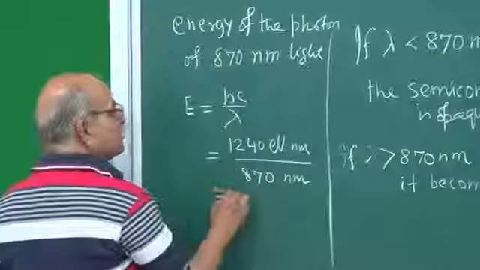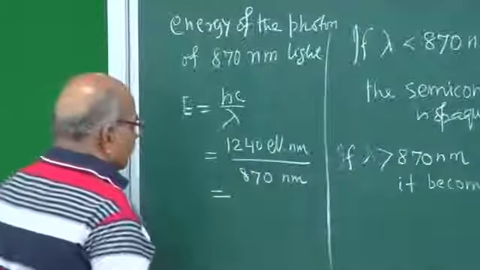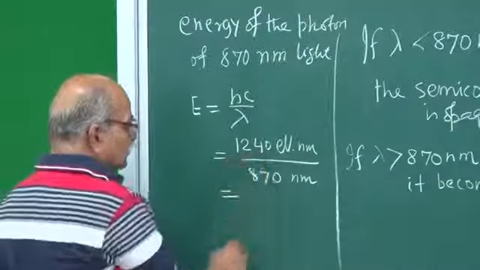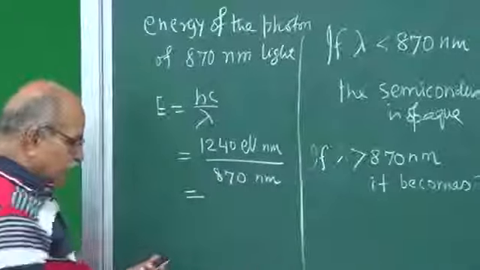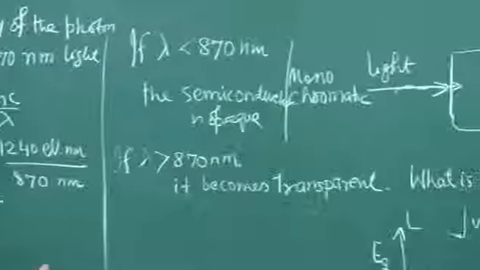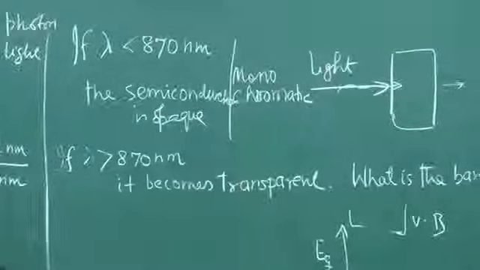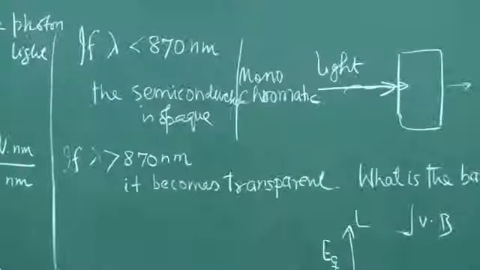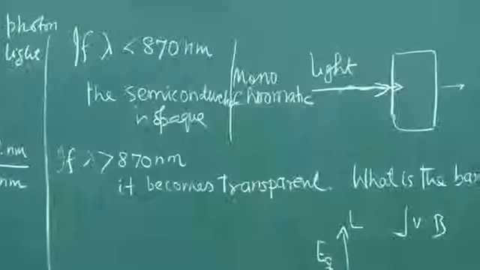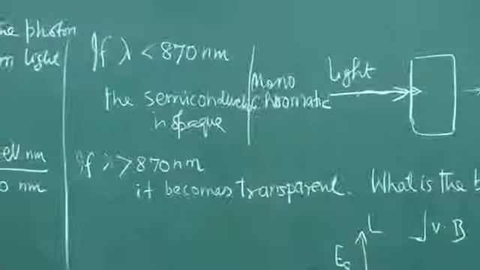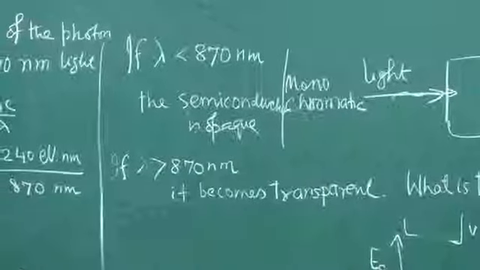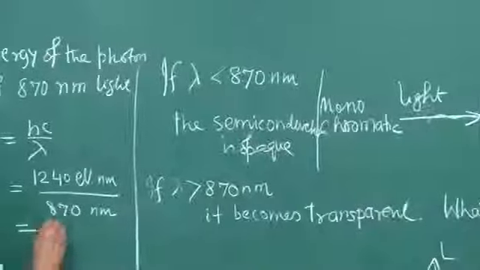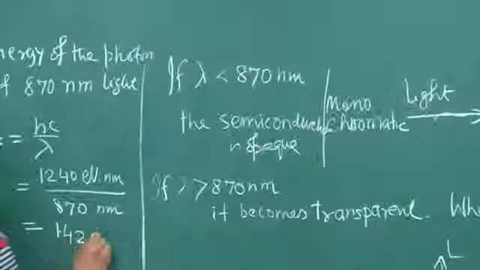So, you can work out how much is this energy. 1240 divided by 870. So, let me calculate. This is 124 divided by 87, and this is 1.42, almost 1.42 eV.